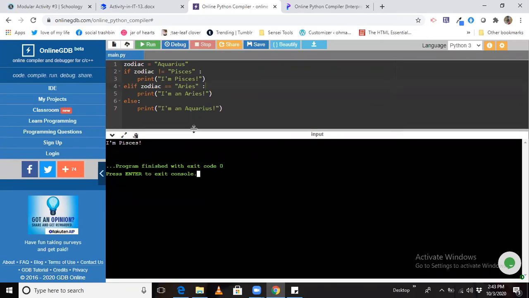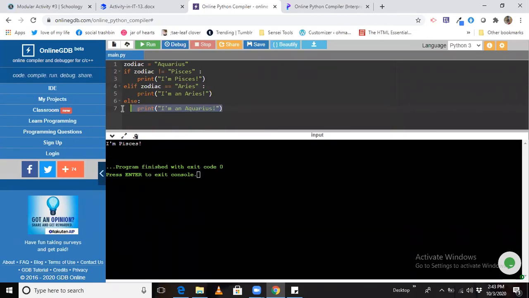Ano dapat maging output nito? Ito hindi print, di ba? Opo, ma'am, Aquarius. So, anong ginawa nyo dito? Ganyan, ma'am, yung lumabas din sa amin. Ma'am, naka-not po kasi yung una. Naka-not. So, kailangan ma-equal.